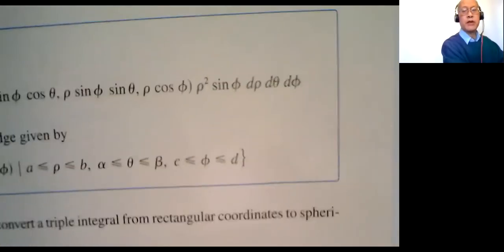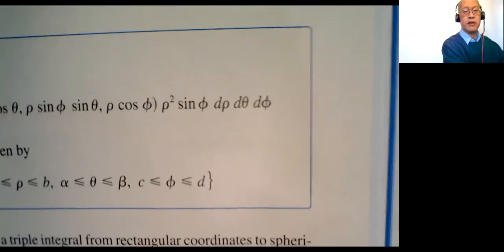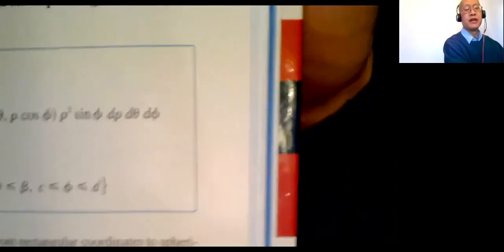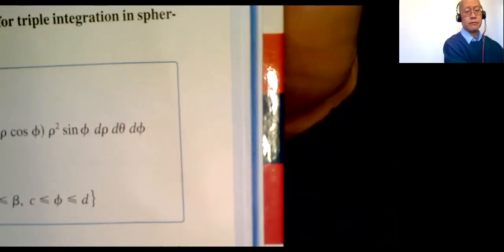For spherical, when you switch to dV, you always have to multiply by an extra rho squared sine phi. It comes from this picture or this picture, but if you don't get that, just be able to use the formula. Multiply by an extra rho squared sine phi, d rho d theta d phi in some order. That's how you evaluate those integrals.